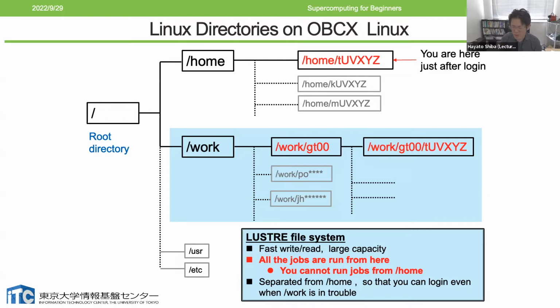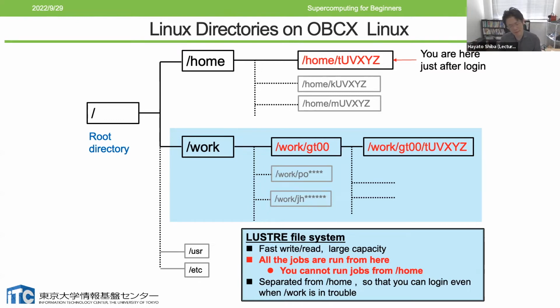The reason for this setting is that sometimes the Lustre storage is in trouble. They are not always fine. Sometimes there are technical troubles. So if we set the Lustre file system as the home directory, after login you could not see the system setting.